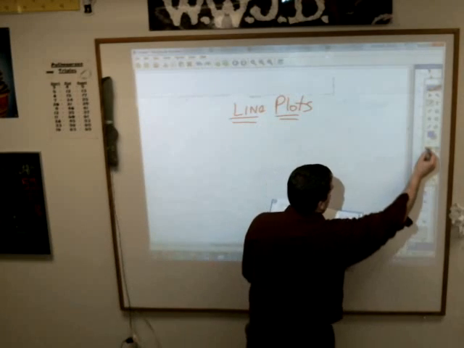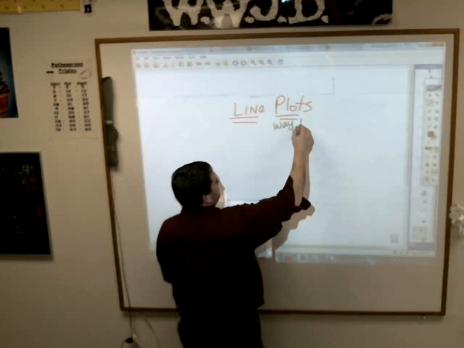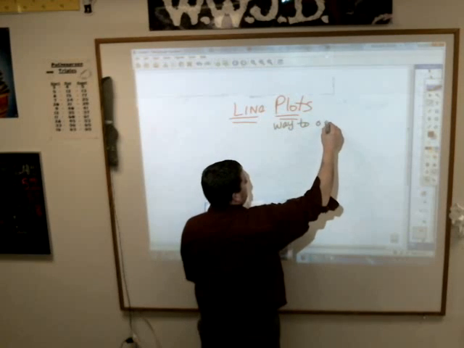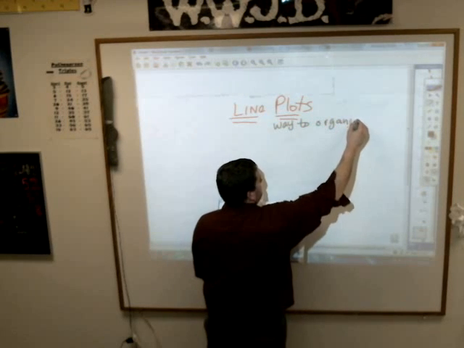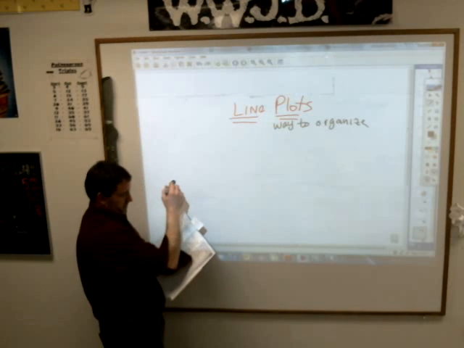A line plot is a way to organize data. And write down these numbers for me, please.